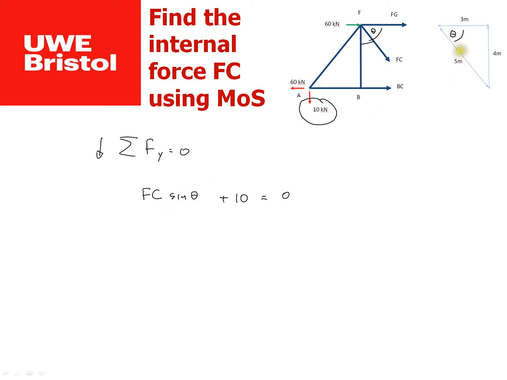So next thing is to go to my little triangle here and just double check what sine theta is. So sine theta is the opposite, so that's the 4, divided by the hypotenuse, that's the 5, so it's 4 over 5, same as before. So here we've got FC equals minus 10, we're going to bring 10 over, divided by sine theta.